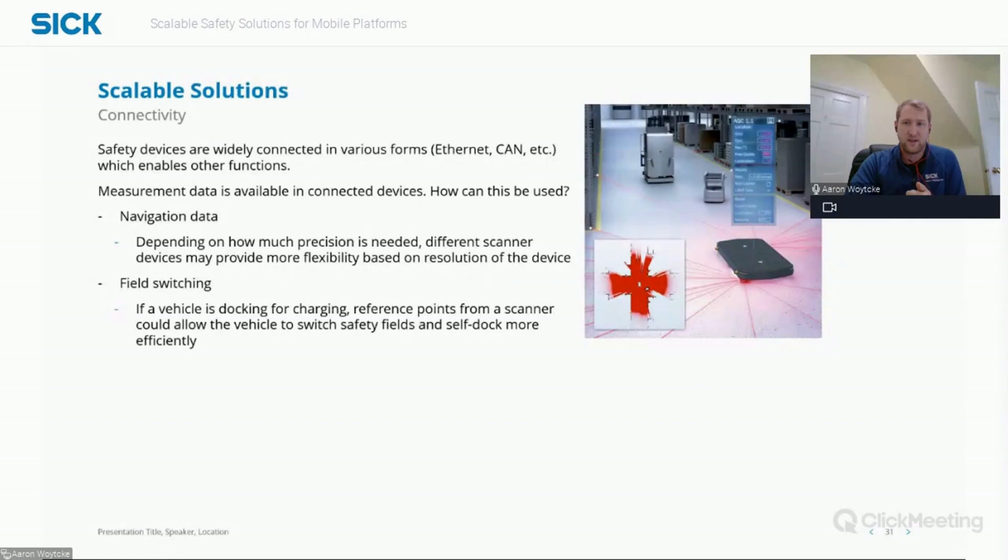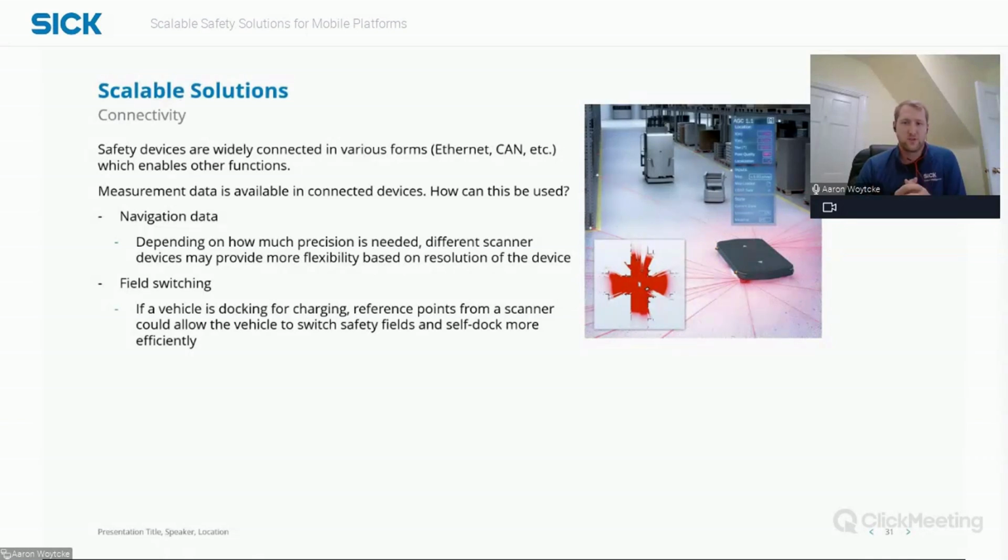Second use of measurement data is field switching. So like we mentioned before with safety laser scanners, you may be able to adjust the protective fields being monitored based on different speeds or different direction of a wheel angle, for example. And so a great use case for field switching when a mobile platform is let's look at docking, when it's ready to dock for charging.